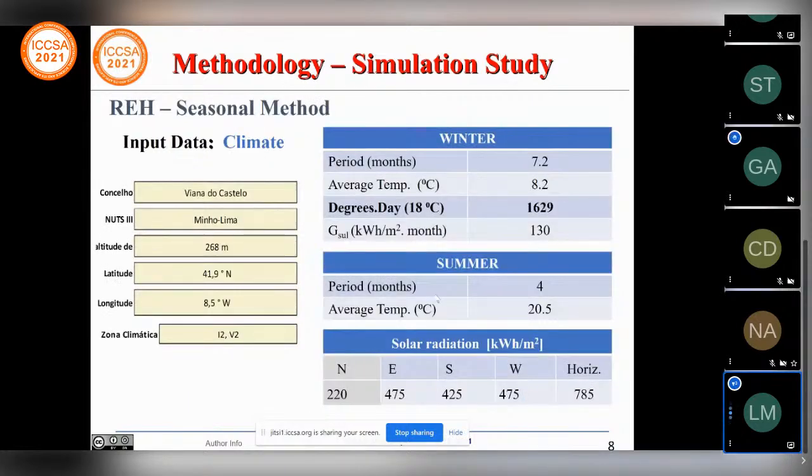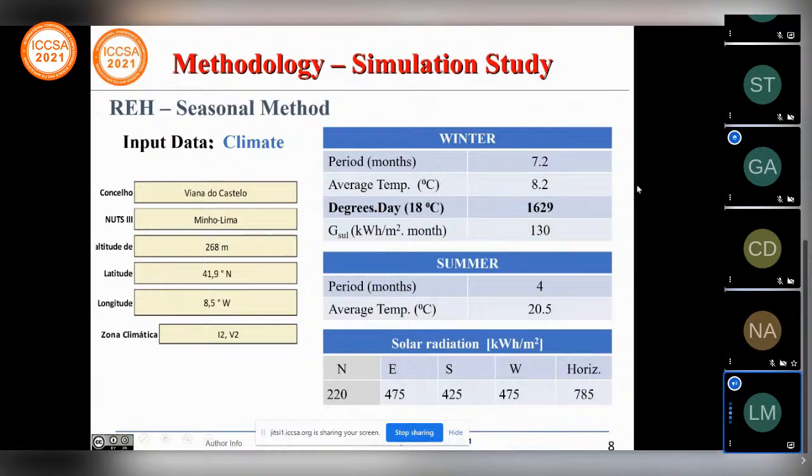In the case of this first method, the seasonal method, the climate data is very simple. It's all here, and it is based on the main important characteristic of the climate, the degree days of the region, the area where the building is, which in this case is 1629 degree days.